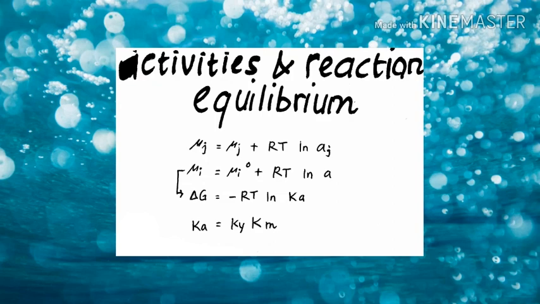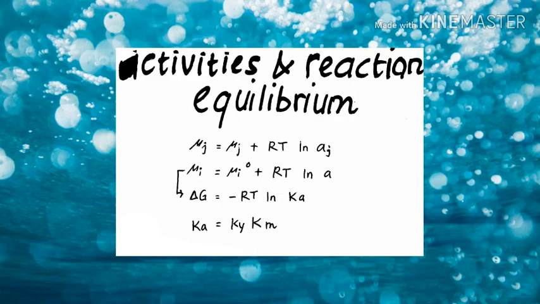The condition of equilibrium becomes ΔG° = -RT ln Ka, where ΔG° is the standard Gibbs energy change and Ka is the proper quotient of equilibrium activities. Since ΔG° is a function only of temperature and pressure, Ka is a function only of temperature and pressure, and is independent of the composition.